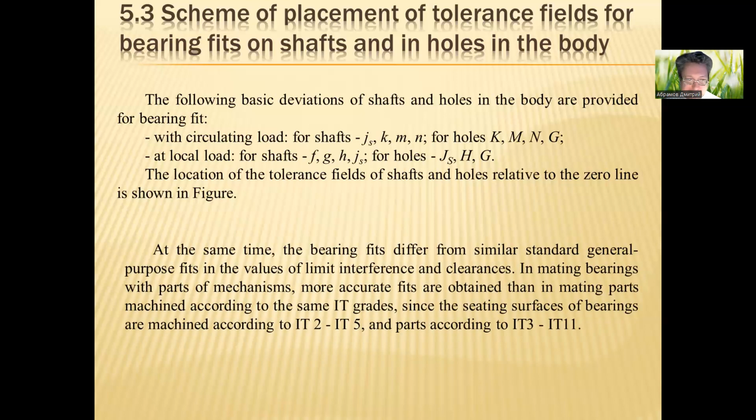In matching bearings with parts of a mechanism, more accurate fits are obtained than in matching parts machined according to the same IT grades, since the setting surfaces of bearings are machined according to IT grades from IT2 to IT5, and parts according to IT grades from IT3 to IT11.